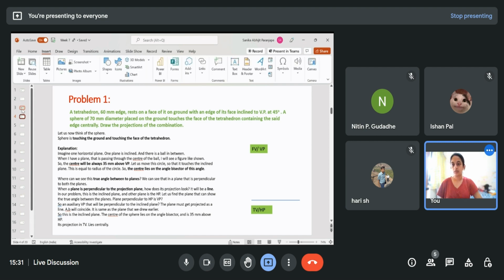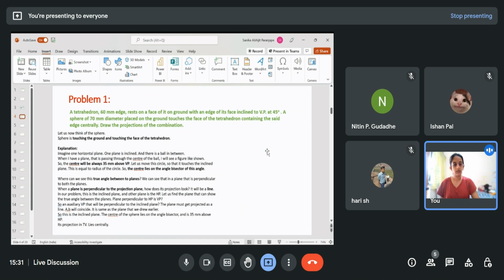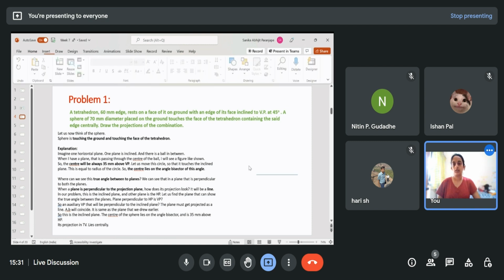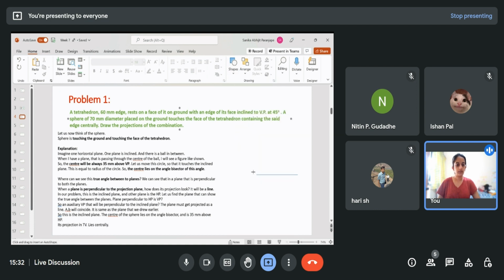Okay, so I have this horizontal plane, and this will be some inclined plane which is right now the surface of our tetrahedron.